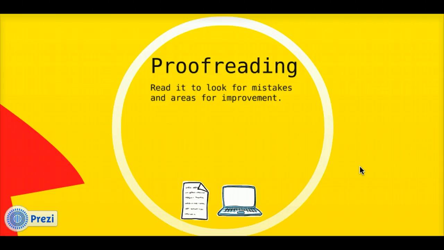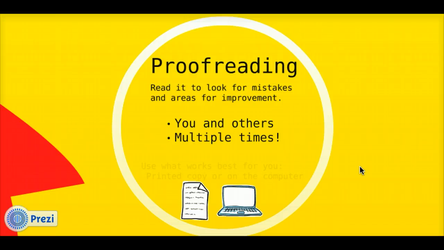Also, just look for ways to make sentences sound more clear and easy to understand. You need to do this multiple times, and also if you can get some friends or some classmates to also proofread for you. And we'll do some of this in class as well. Remember, use whatever works best for you, printed copy or read directly off the computer.